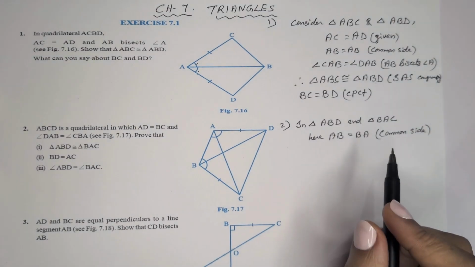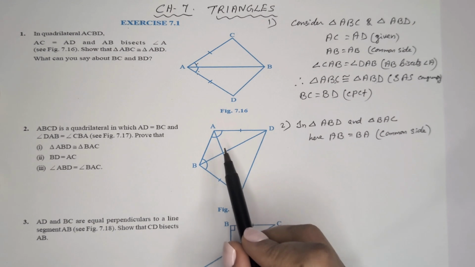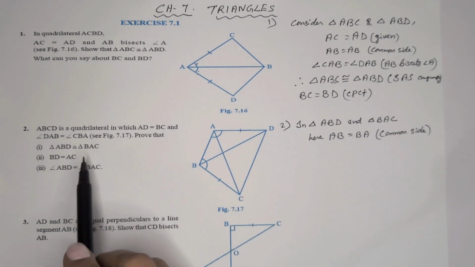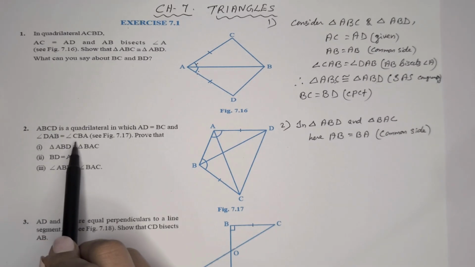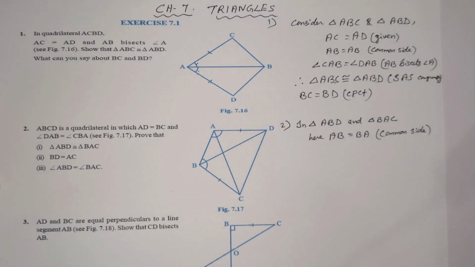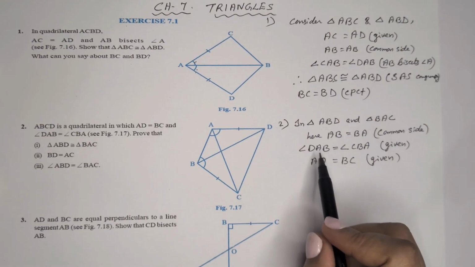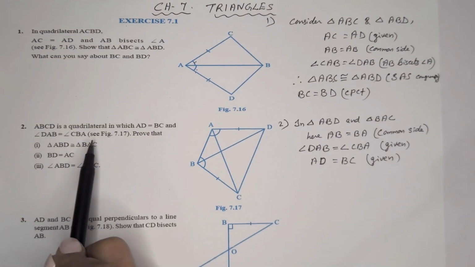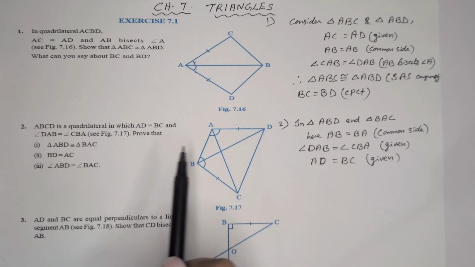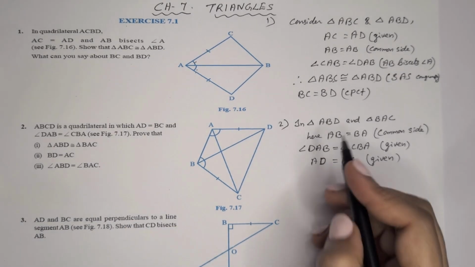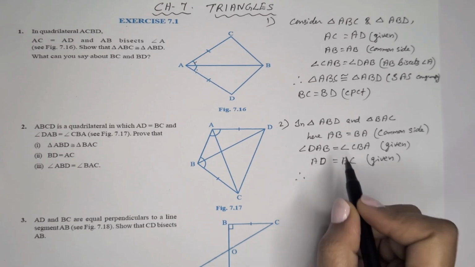And here the angles are given. Angle A is equal to angle B. Here it is given that angle DAB is equal to angle CBA. And also AD is equal to BC. That is also given. From that we already got three conditions.